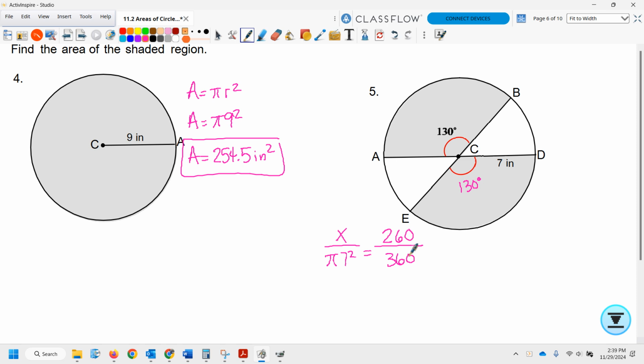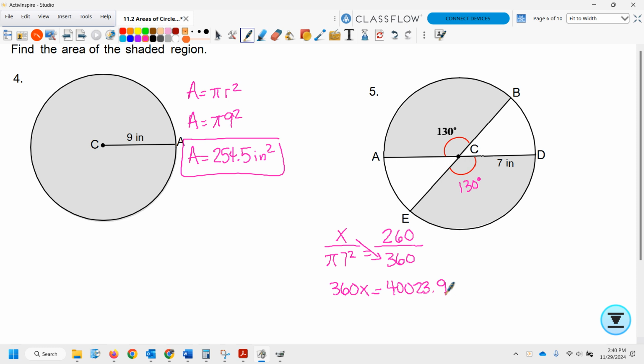I know how to do this, all right? So when we cross multiply, I always do the easy one first. 360x, then I bust out my fancy device and I'm like, pi times 7 squared times 260 gives me 40,000 23.9. All I need to do is what?